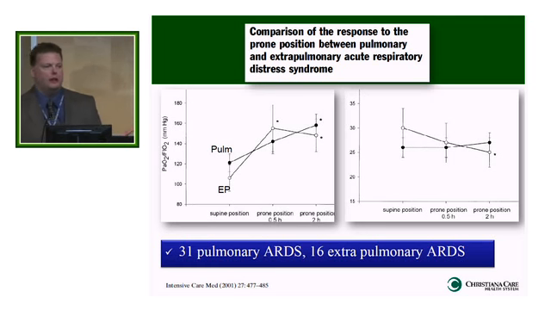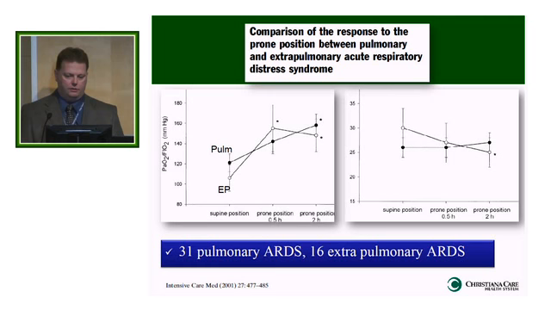If you think about the physiology, if they are two different things, and extrapulmonary is more atelectasis, more recruitable, and pulmonary is not, then you might see more dramatic oxygenation effects with proning, because you might have a better mechanism for that. So for extrapulmonary, that's my EP here, we do get a more dramatic increase in oxygenation than with pulmonary patients.